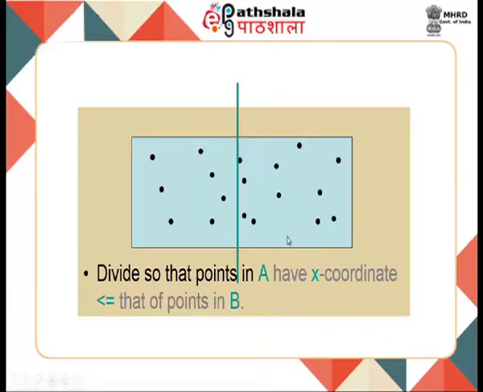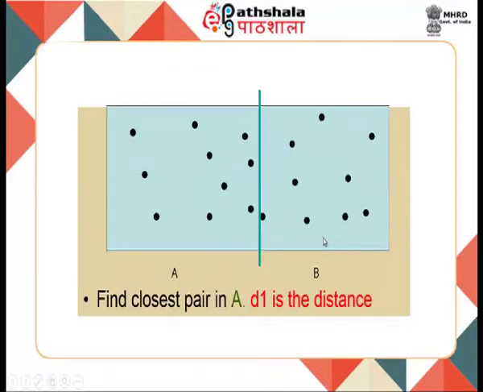We divide such that region A has x coordinates less than or equal to the points present in set B. This is the median line that splits the set of points into 2 subsets.